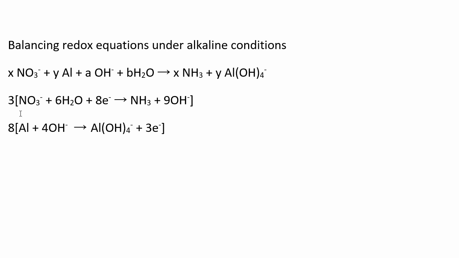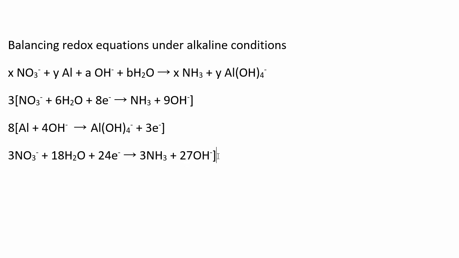Alright, so now it's a case of multiplying this out carefully. I'm going to put it down here. Let's multiply it out, so that's 3NO3, and 3 6s are 18, 18H2O, and 3 8s are 24, 24 electrons, and multiply this by 3, 27 OH minus.